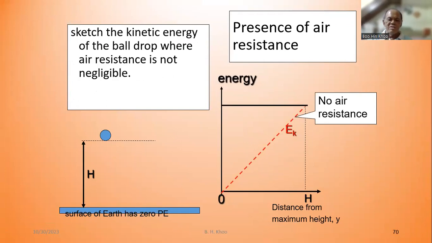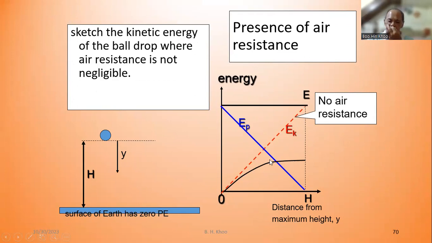Where air resistance is not negligible, total energy still doesn't change, it's still constant. Right? If there is no air resistance, it's that line for kinetic energy. Potential energy is still the same, it depends on height, so it's still a straight line, but the kinetic energy depends on the velocity.